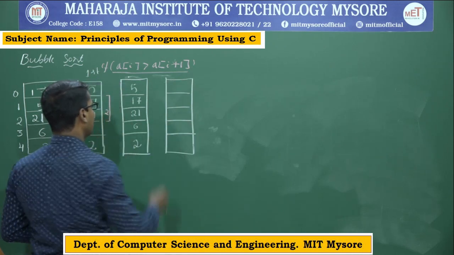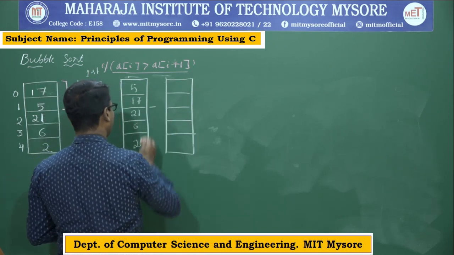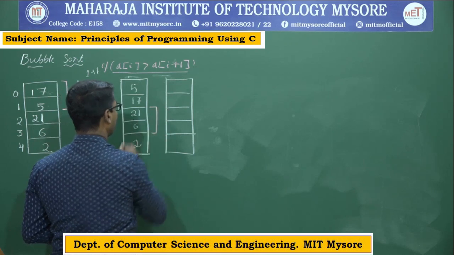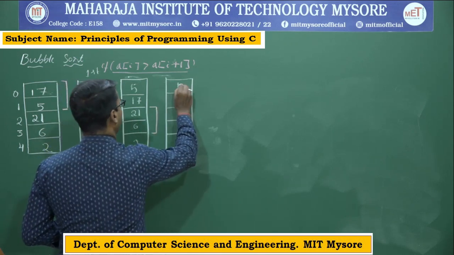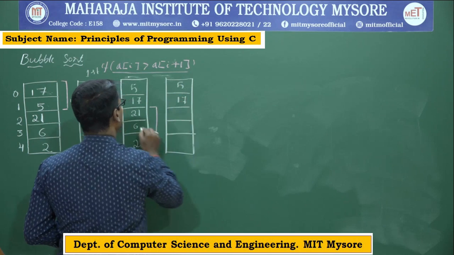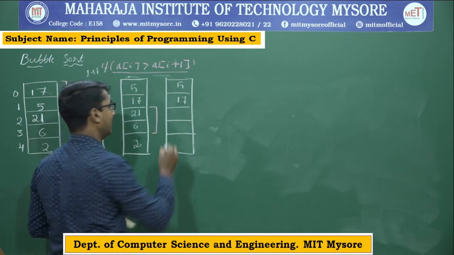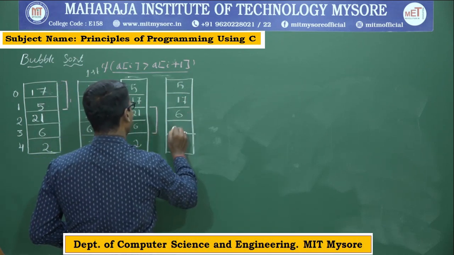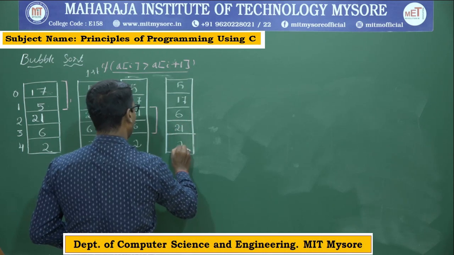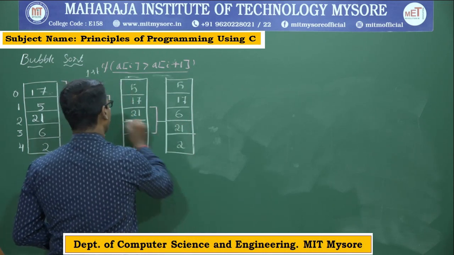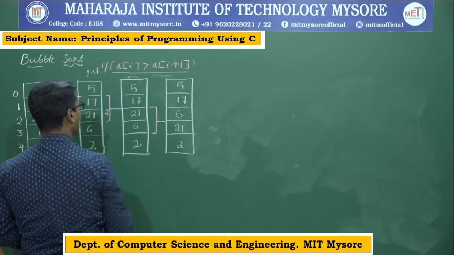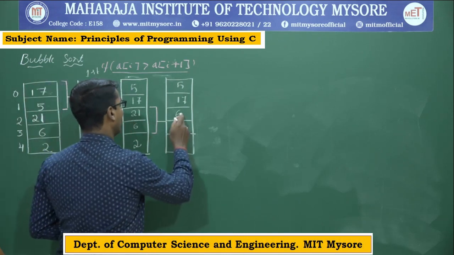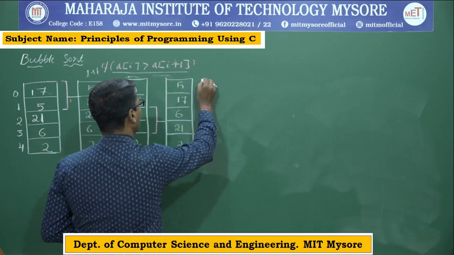In the next iteration, 21 and 6 will be compared. 21 is greater than 6, so the values will be exchanged, giving 5, 17, 6, 21 and 2.